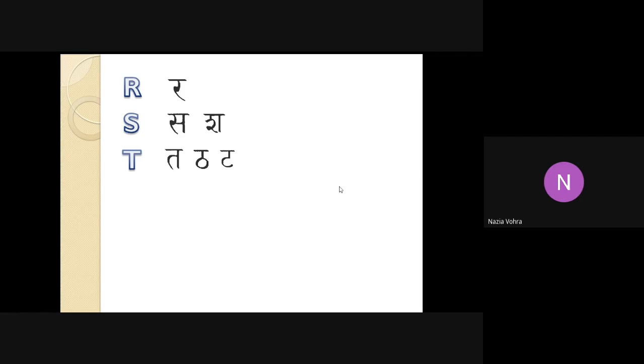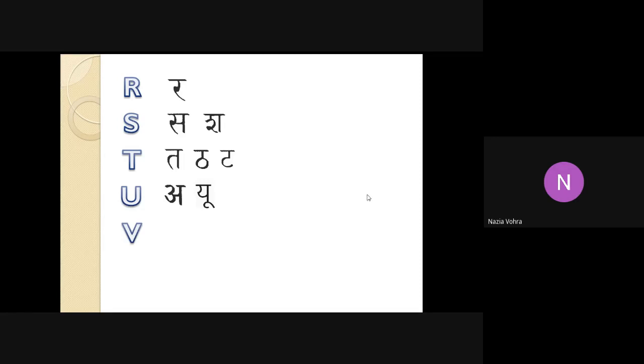Clear? The next letter is U, and this letter we will have sounds like a, U. A is umbrella. U is uniform. So we have two sounds for U, which is a and U. Then we have V.